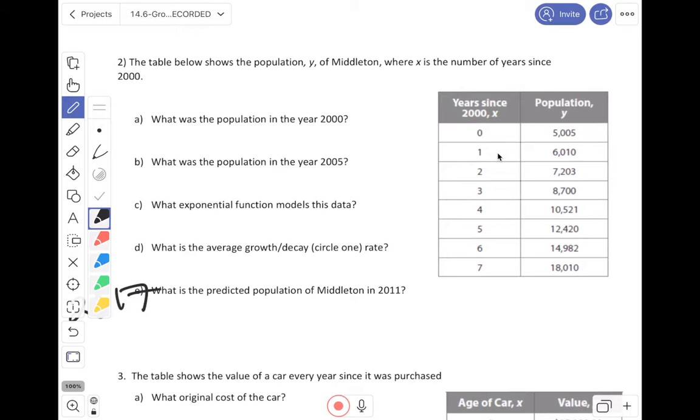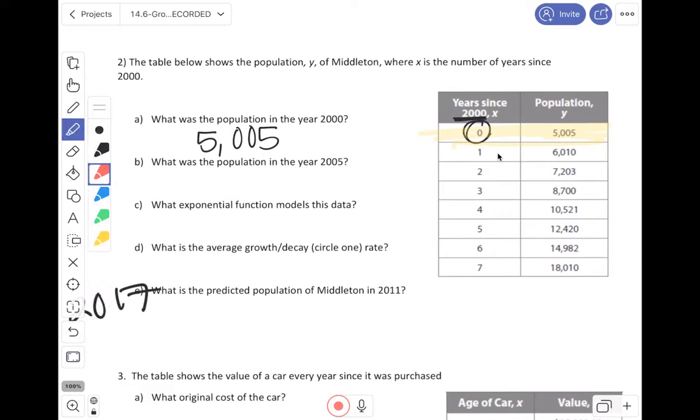Well, this says years since 2000. So if I want 2000, it's got to be 0 years. So I'm looking here. The population would be 5,005.